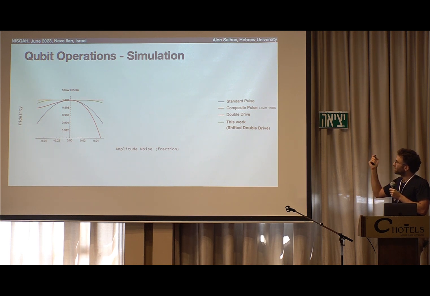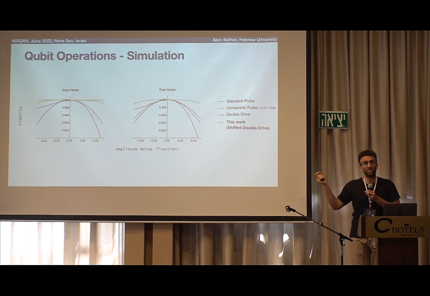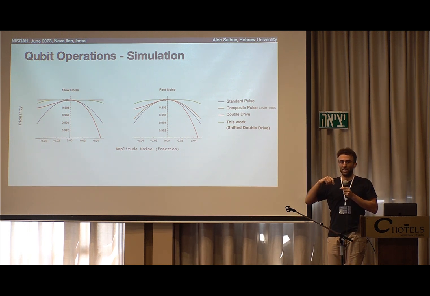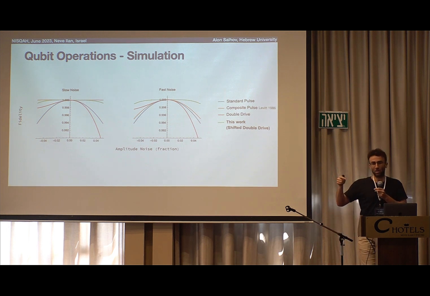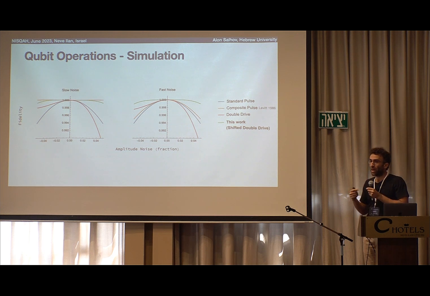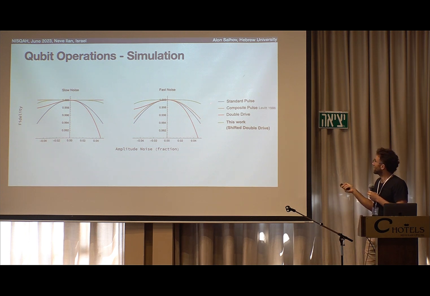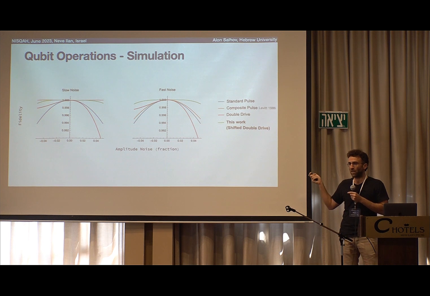But the crux of this slide is what happens when we introduce fast noise into the game. Fast meaning that it fluctuates on the time scale of the composite pulse. Then the composite pulse, of course, fails because it operates on the same mechanism of refocusing, so it needs temporal correlations. While our new scheme here still performs and, in fact, outperforms.